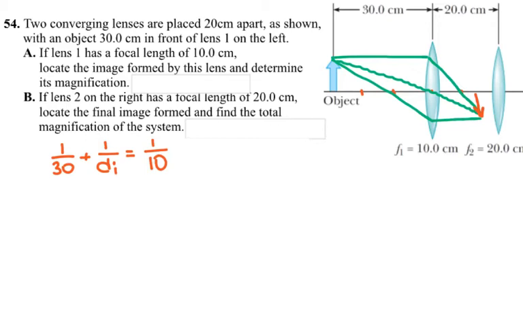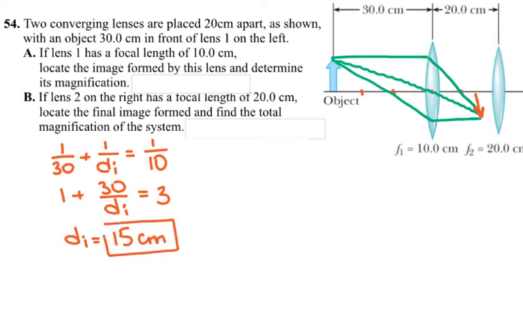If I multiply them all by 30, I get 1 plus 30 over d_i equals 3. So d_i is equal to 30 over 2, which is 15 centimeters. And now this becomes the distance of the object for the second lens.